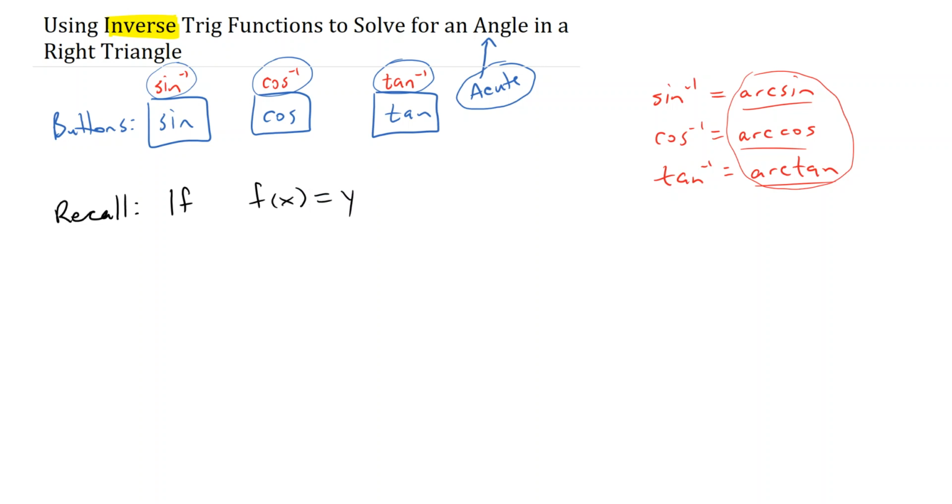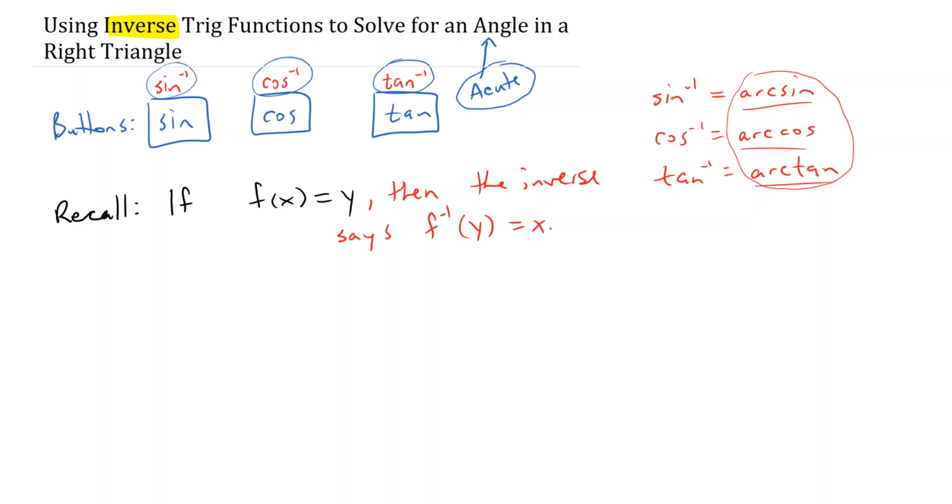Then what does that tell us about the inverse of that? Then the inverse says that x now is going to be the output and y is going to be the input to the inverse function. So when you inverse, the input and output switch places, okay?